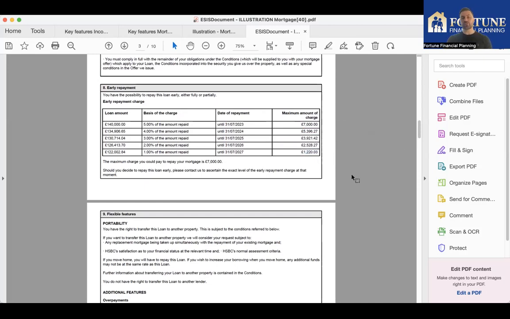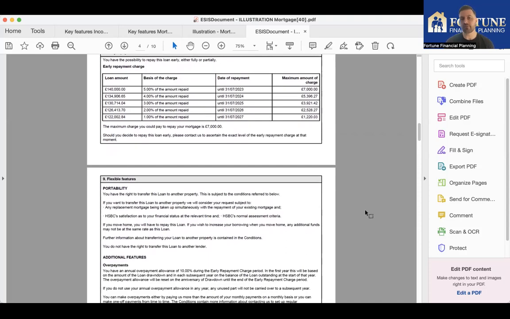Now, of course, we don't want you to incur any charges for wanting to leave this lender. Of course, for unforeseen circumstances, that sometimes does happen, but the maximum charge you could pay is £7,000. So if you've got any feelings around wanting to fix in for less of a period or not have any alternative tie-ins, let's discuss that now and make sure that this recommendation is right for you.